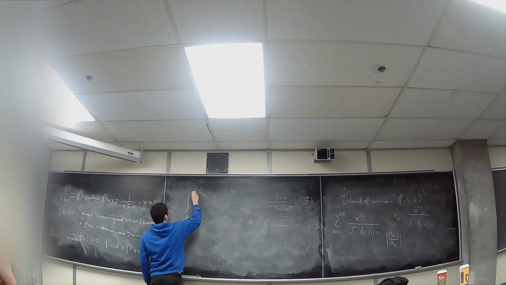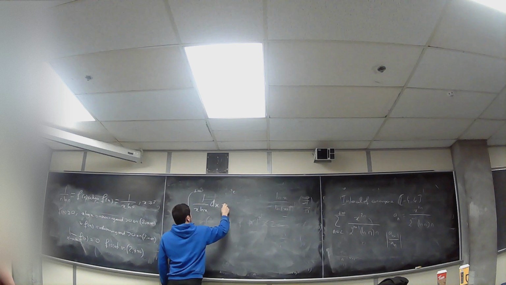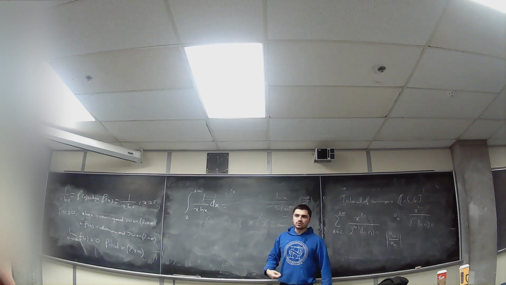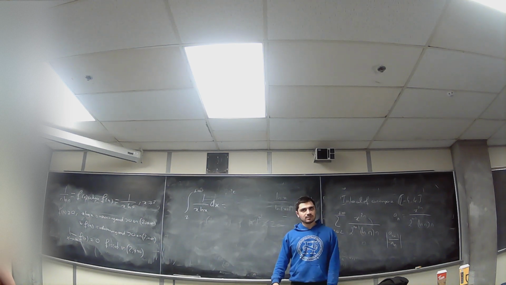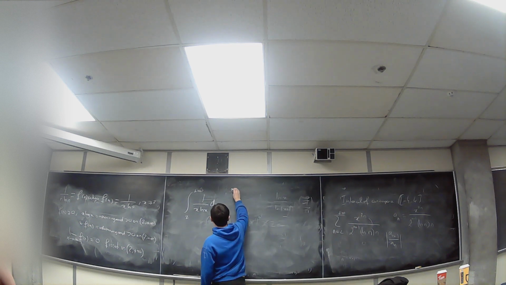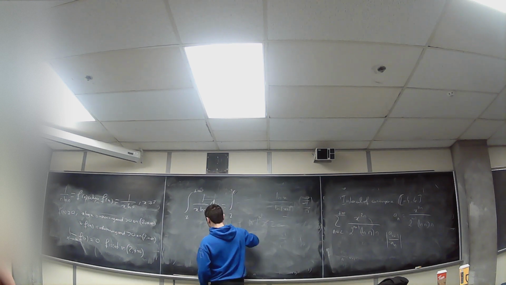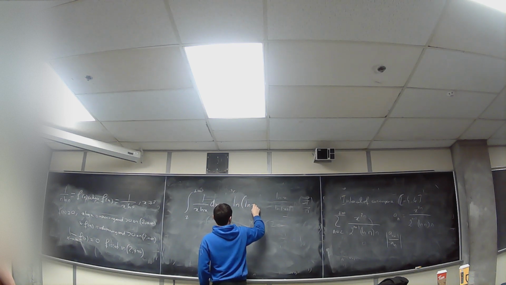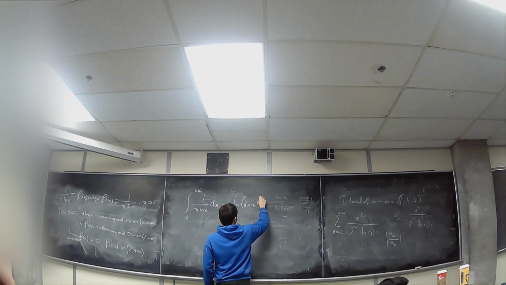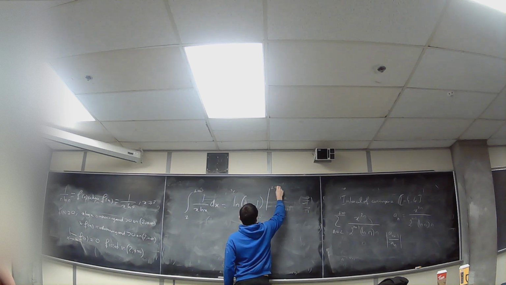So integral from 2 to infinity. What is it? It's 1 over x ln x. So you can do a u sub. u is equal to ln x, right? So you get the integral of 1 over u, or you can just see it immediately. This is the integral from 2 to infinity. Well, this is log of log x in absolute value from 2 to plus infinity. What is that?